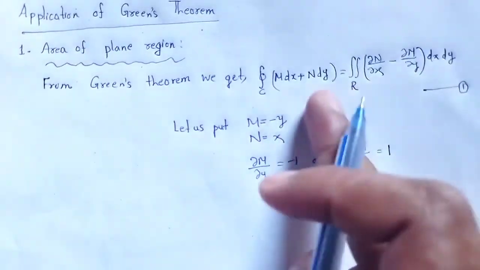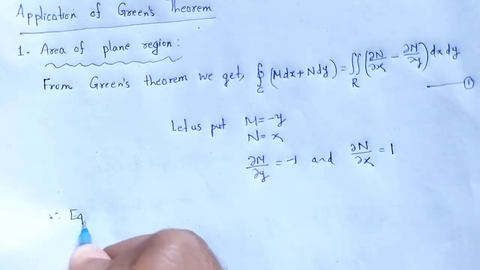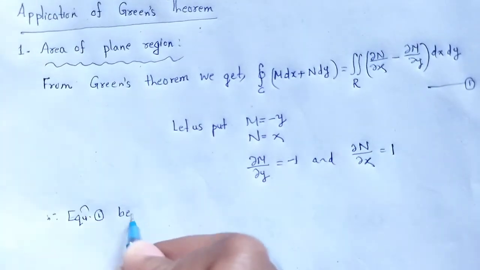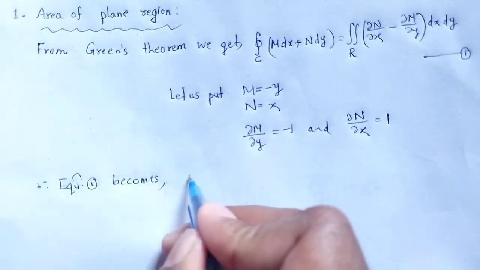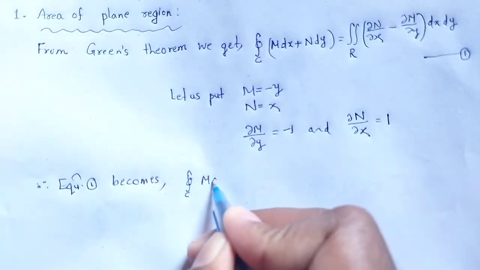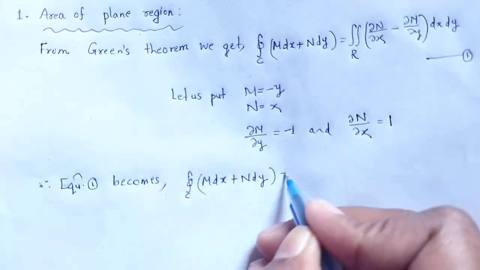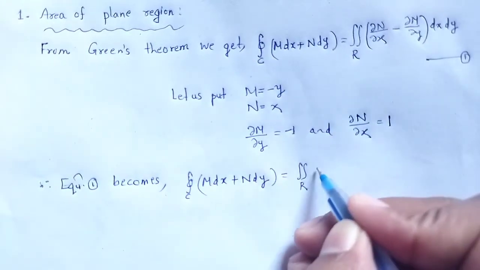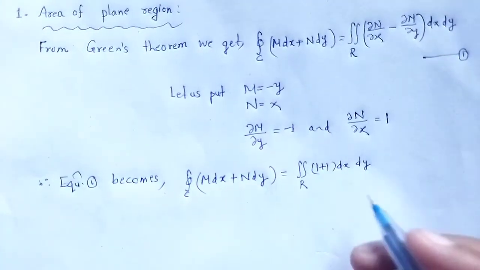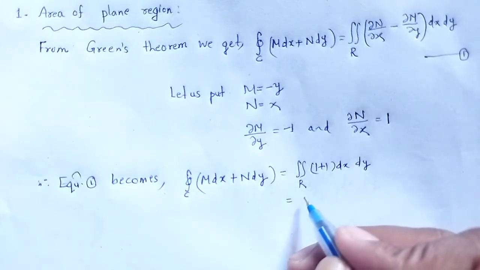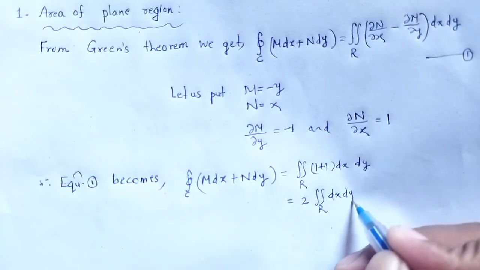Putting these values in Green's equation, equation 1 becomes integration over C of m dx plus n dy is equal to double integration over R of 1 plus 1 dx dy, which is 2 double integration over R dx dy.